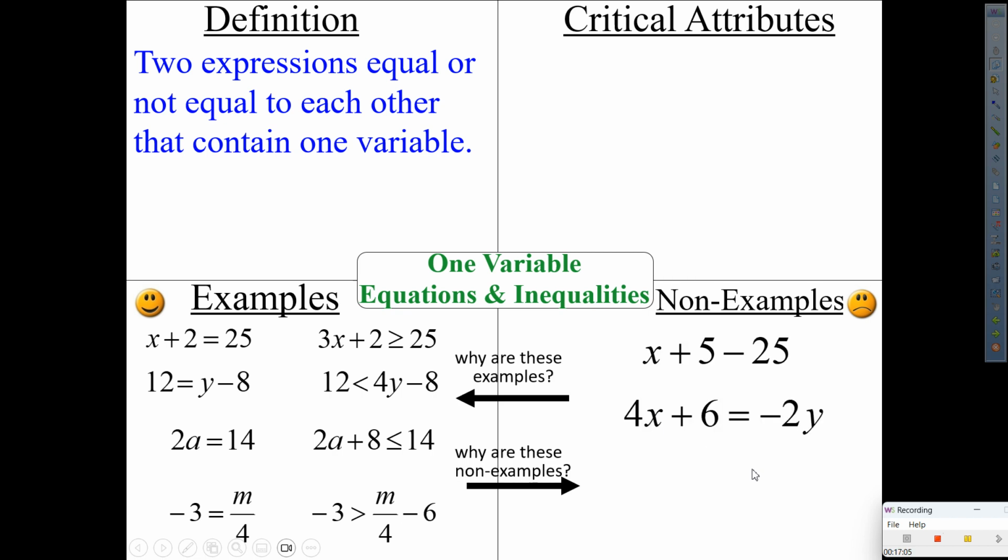Don't copy it yet. Tell your neighbor why the first one is not a one variable equation and why the second one is not a one variable equation. Talk it over to your neighbor. Why are those not one variable equations?